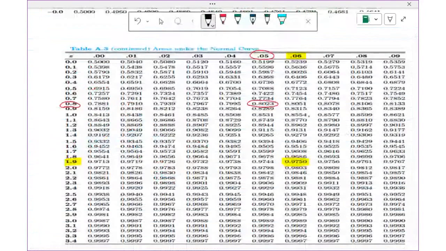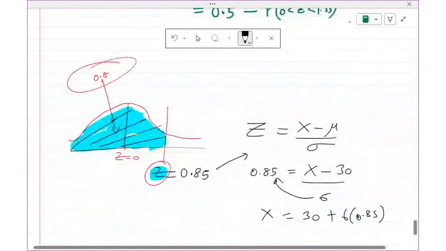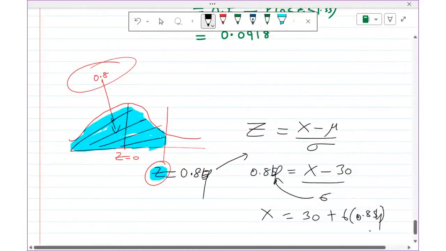So actually, students, 0.7995 is more near to 0.8 as compared to 0.8023. So this comes at 0.84. So 0.84 I have to take. So this point should be 0.84. So 6 into 0.84.